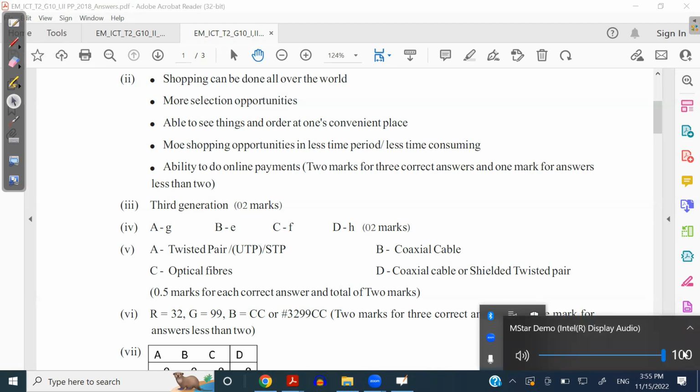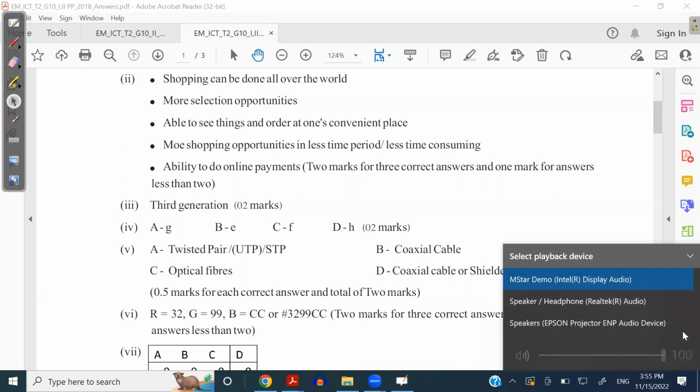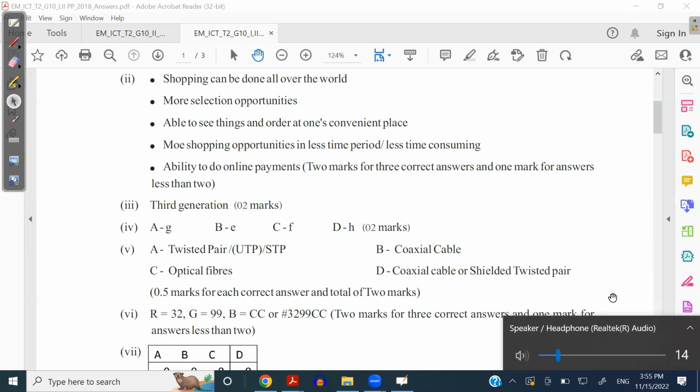Is that also a good answer to write in the disadvantages? What you are saying is we are not receiving what we have ordered, isn't it? Yes, yeah. It can be taken as a disadvantage. Yes, sir. That's what I asked.